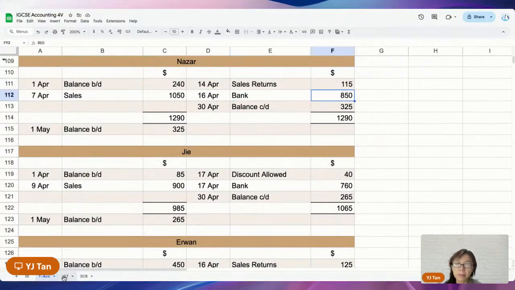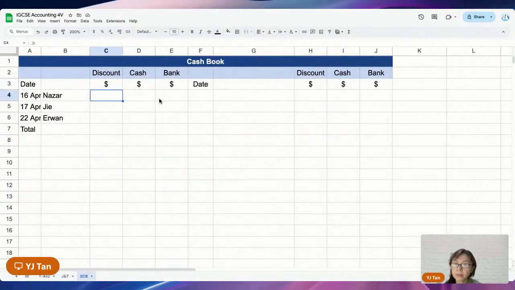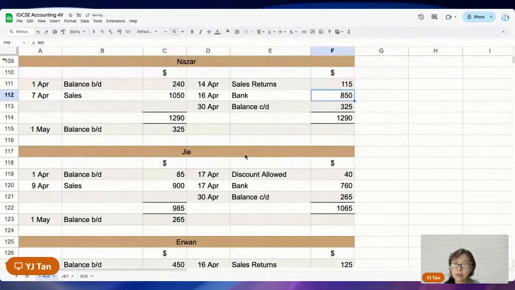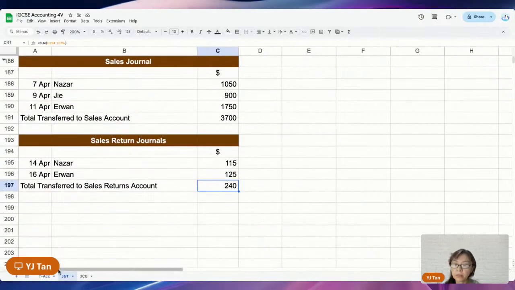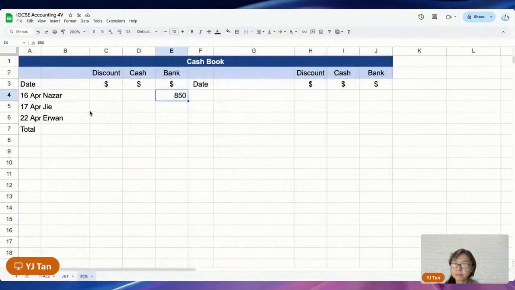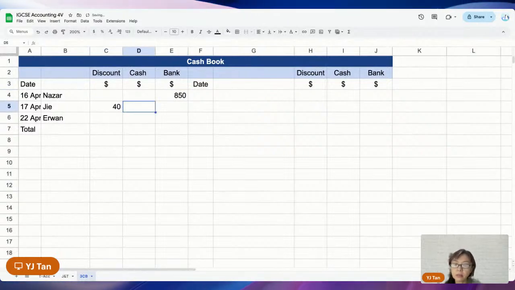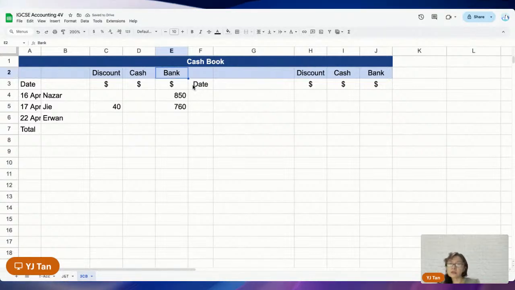So bank increases, and we go to the cash book, NASA, 850. And how much did Jade already pay? 760 plus a discount allowed of 40. This is Jade, so this 40 and 760, because bank increases, so it's the debit side.